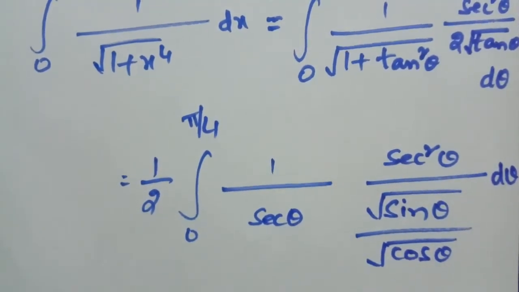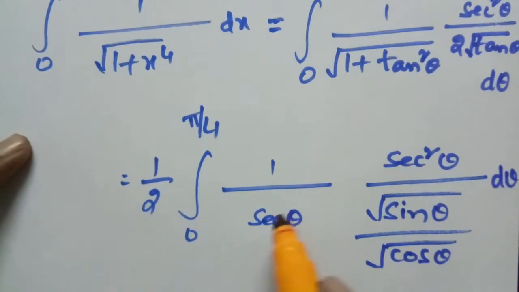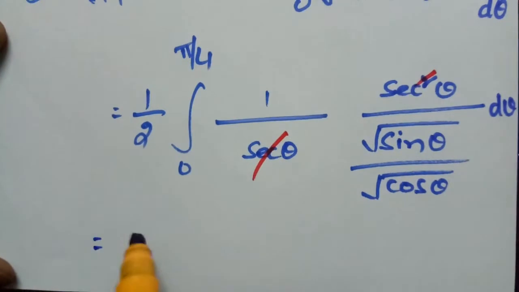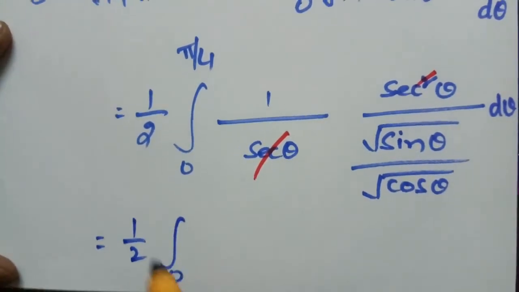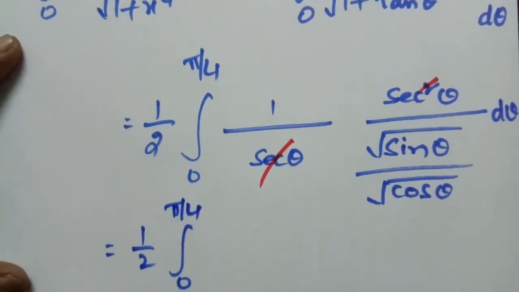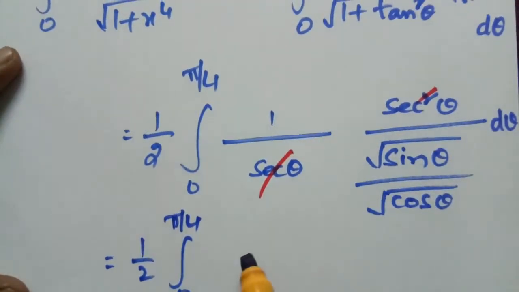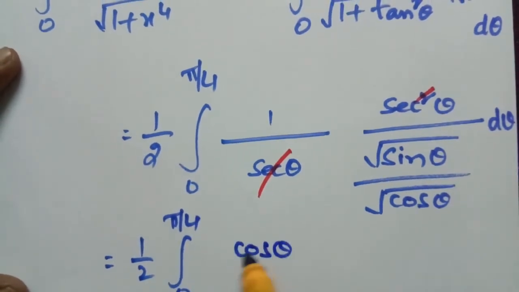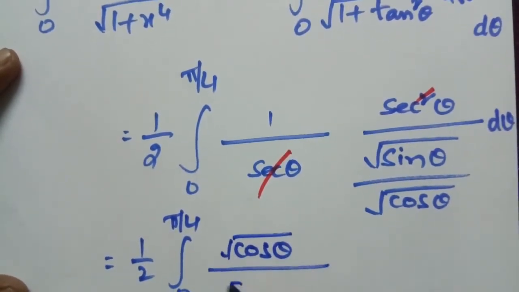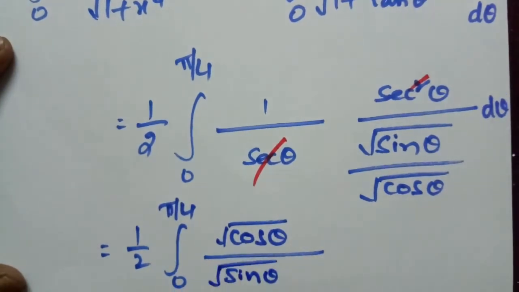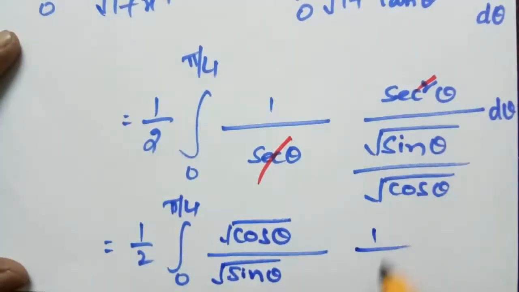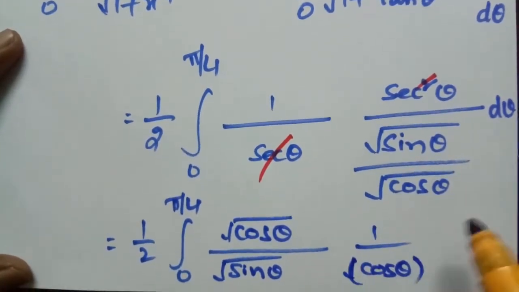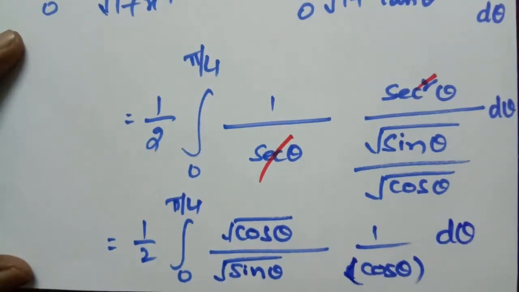Now secant theta and secant theta get cancelled. 1 by 2 times the integral from 0 to pi by 4 is equal to, now taking the reciprocal, root of cos theta by root of sin theta into 1 by cos theta, secant theta, into d theta.